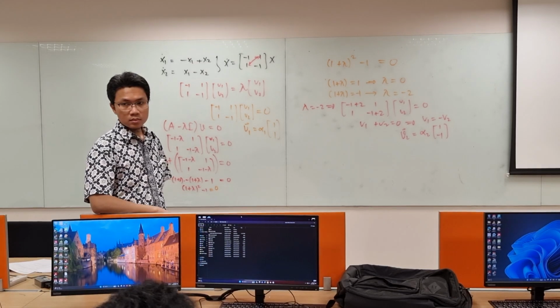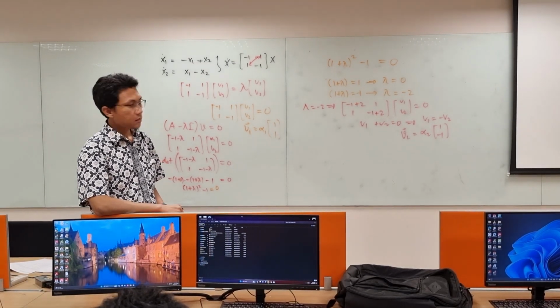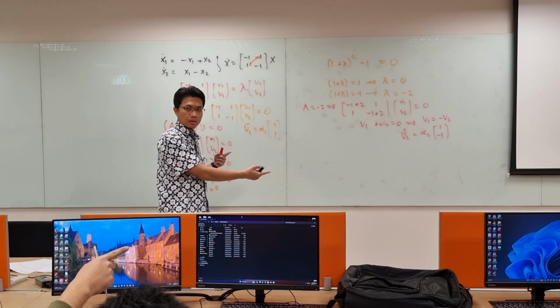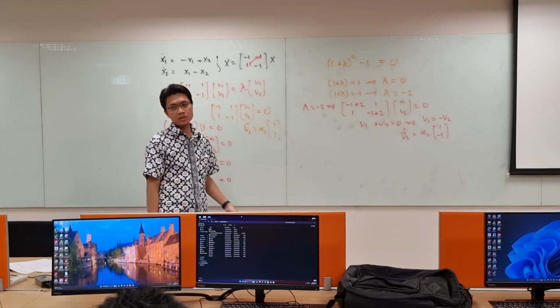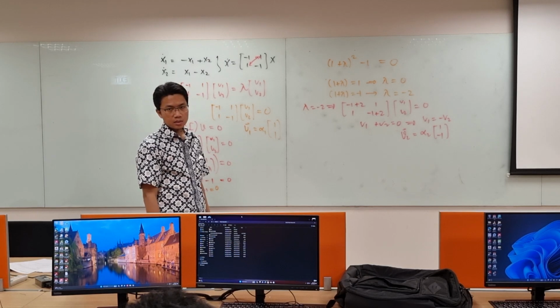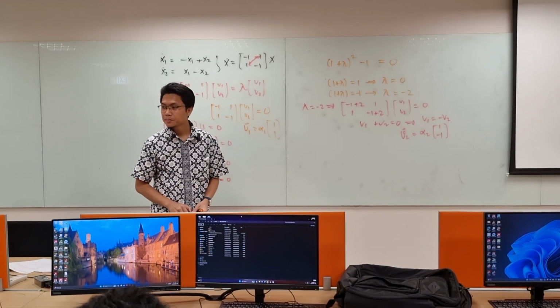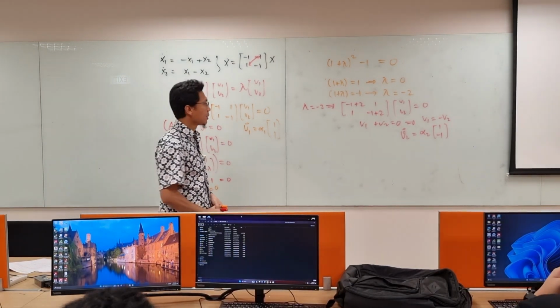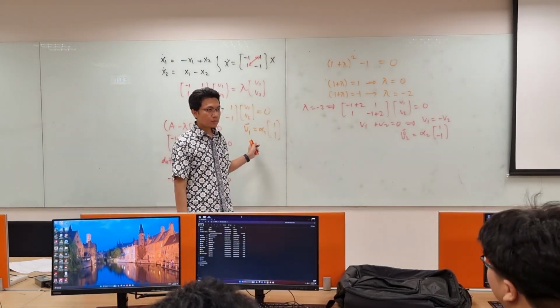In mine I put alpha 1, alpha 1. Alpha 1 is used here, right? That's wrong, it's a bit different. So for the eigenvector, you need to put the alpha.